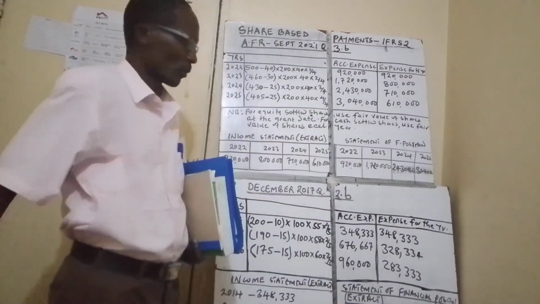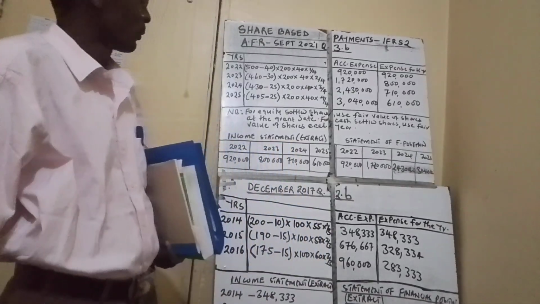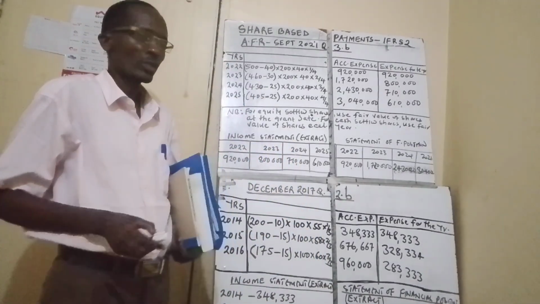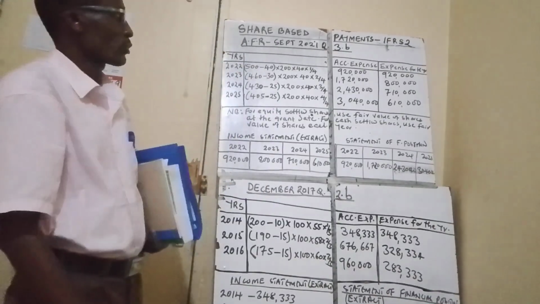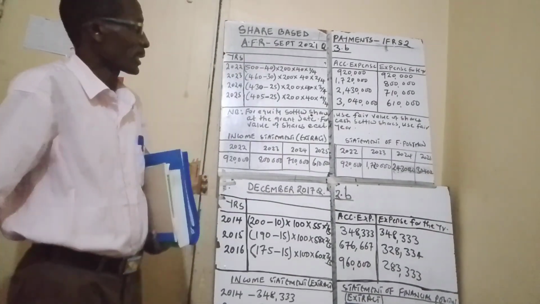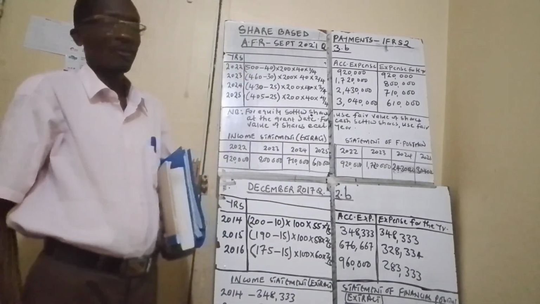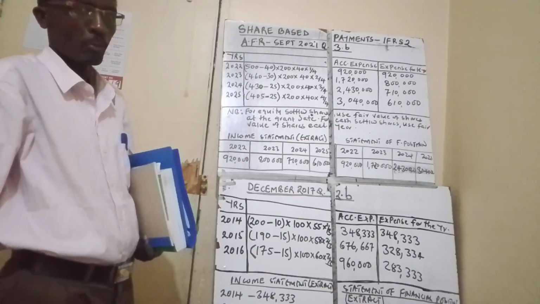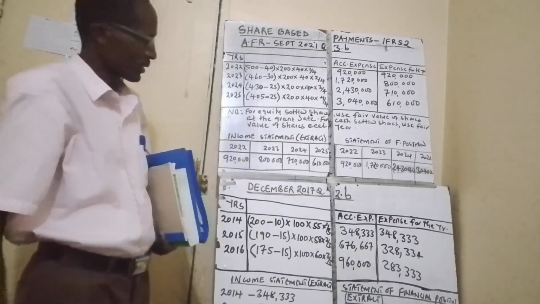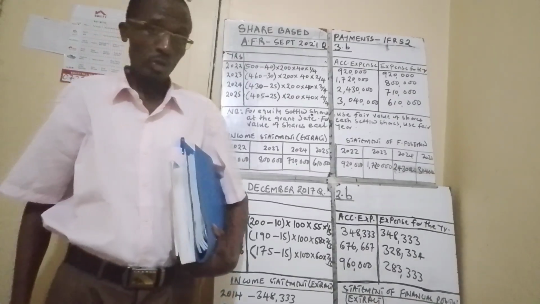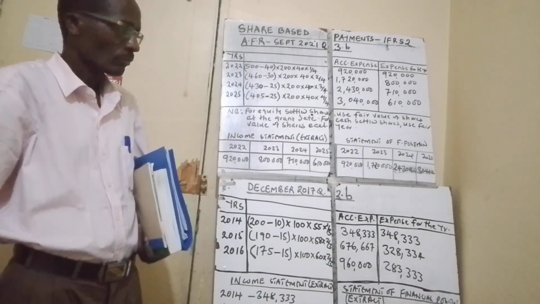After we discuss what IFRS 2 is all about, the next thing we will take is a question with a solution, and that is Advanced Financial Reporting, September 2021, question 3B. I advise that you have that paper with you so that you can move faster. And then after that, I will also take December 2017, question 2B, Advanced Financial Reporting, KASNEB.